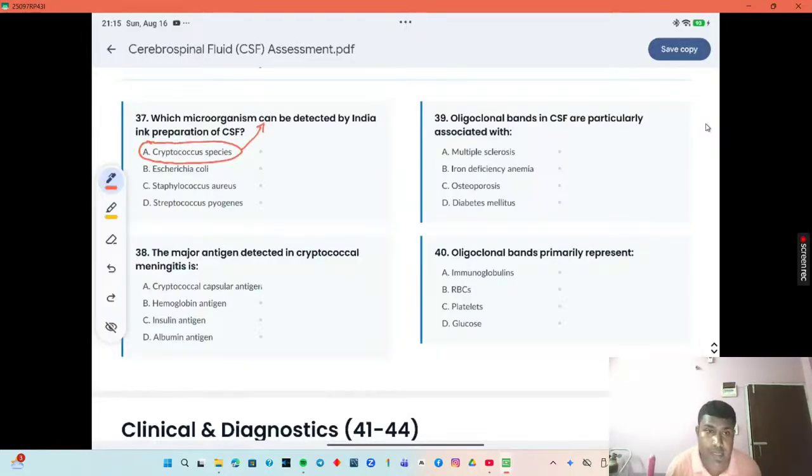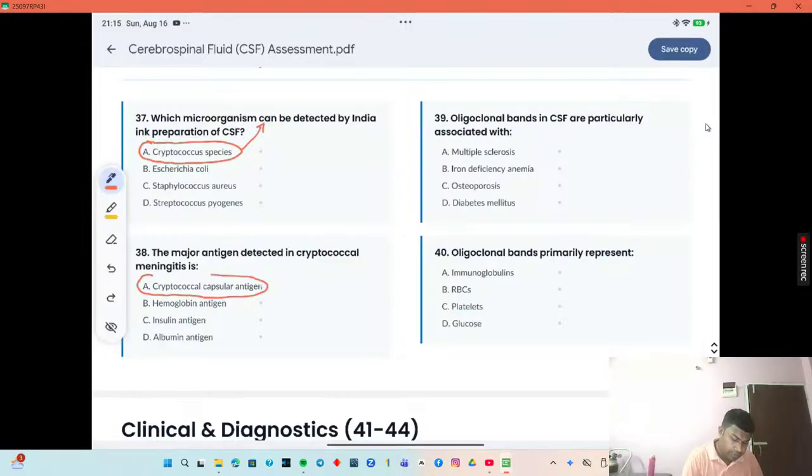Now I will move to the next question. The major antigen detected in cryptococcal meningitis is what?